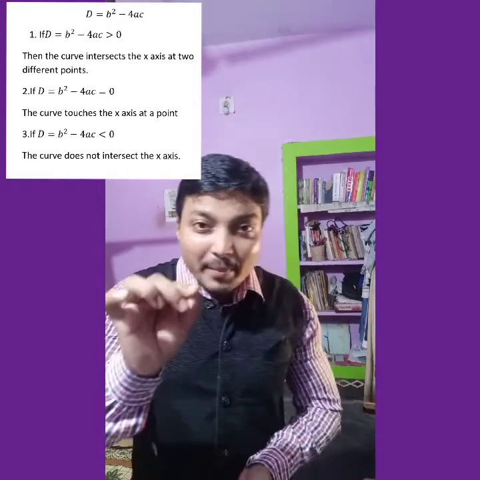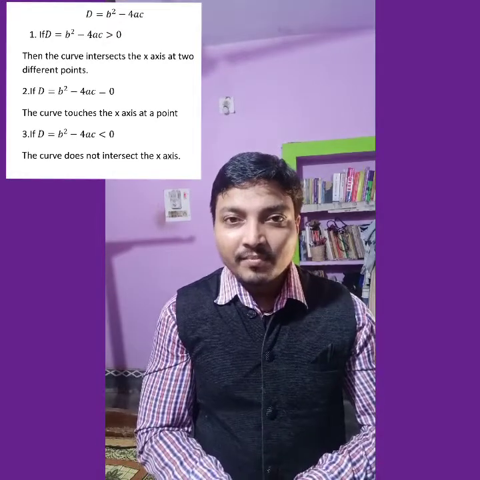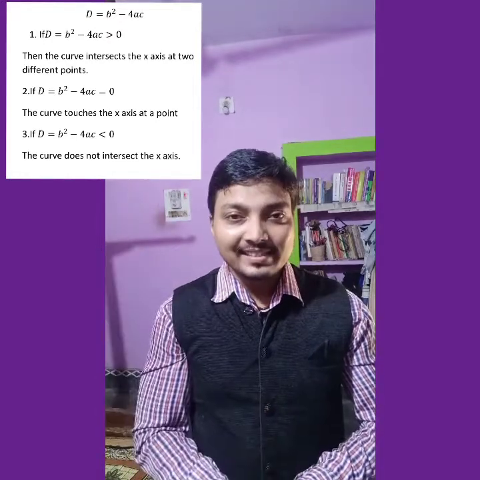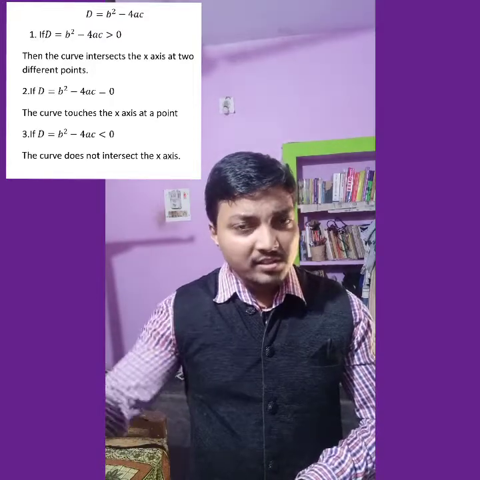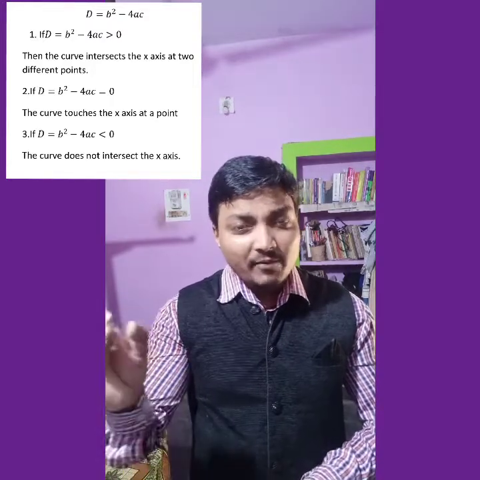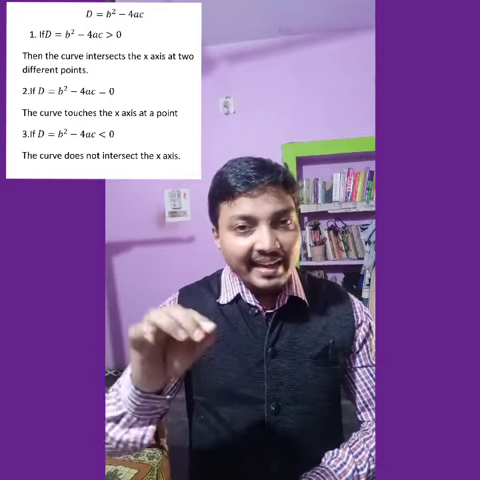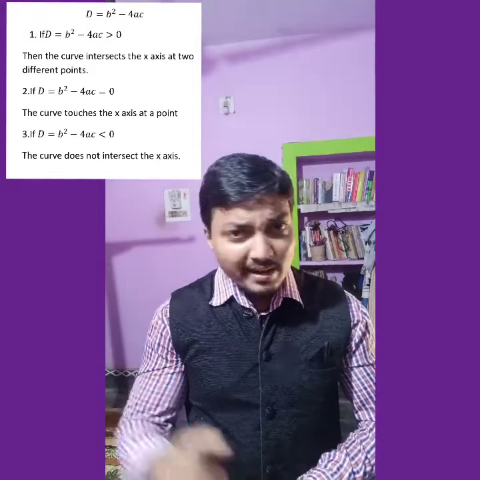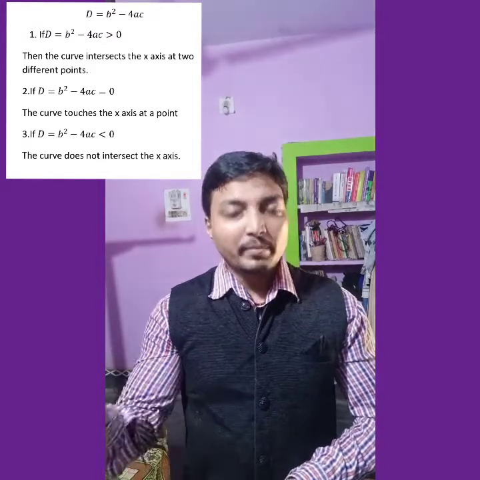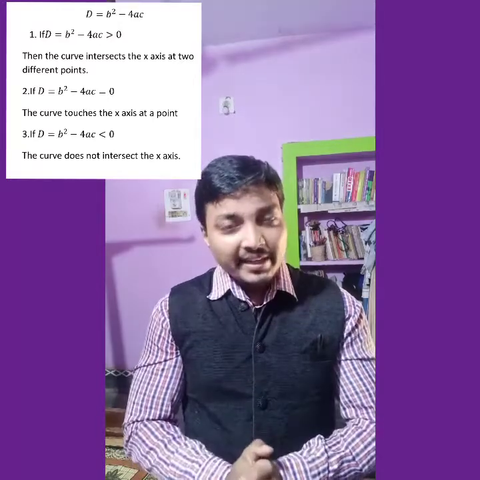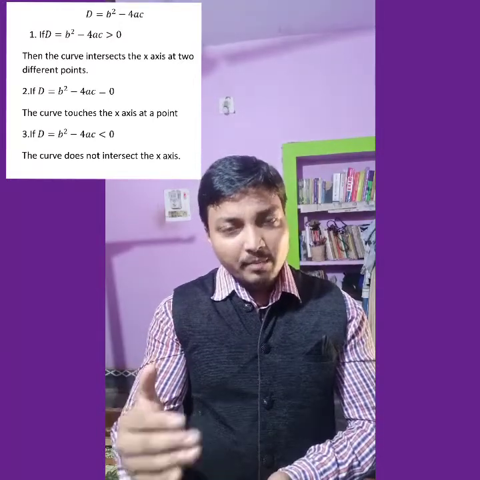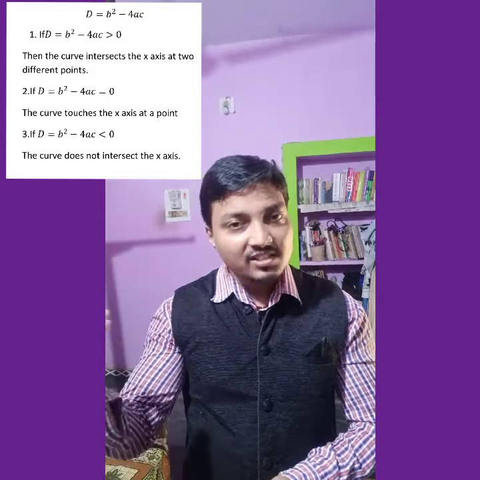The value of D is b square minus 4ac. The polynomial is in the form ax square plus bx plus c, where a is the coefficient of x square, b is the coefficient of x, and c is the constant term.